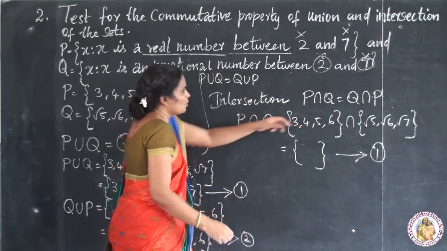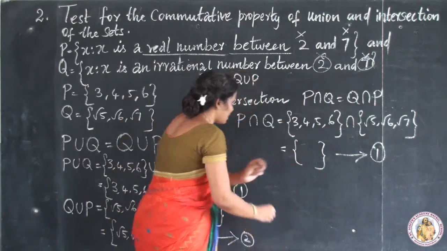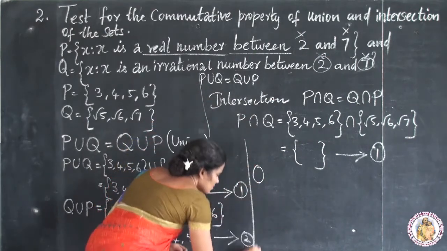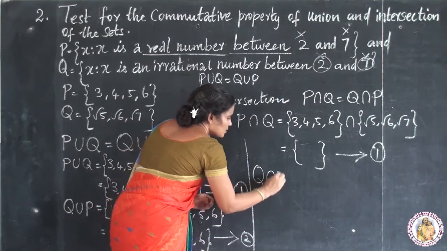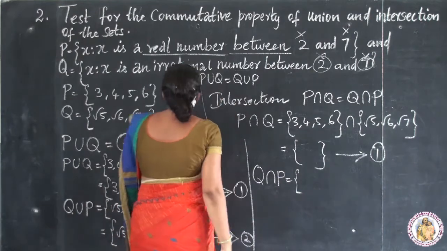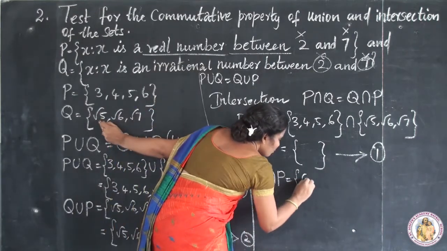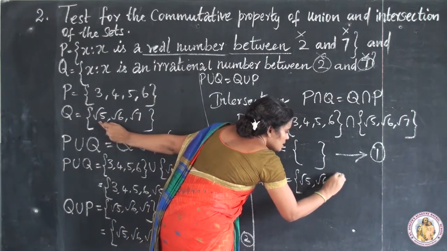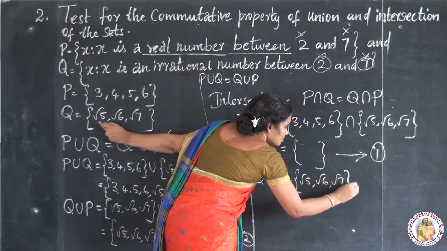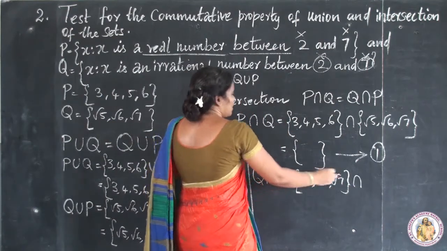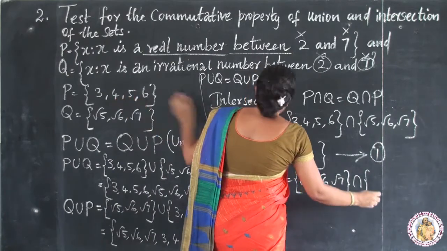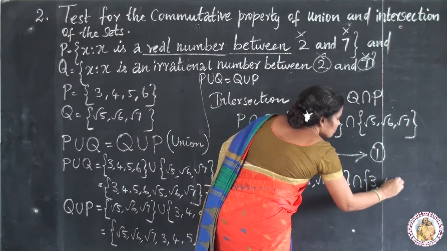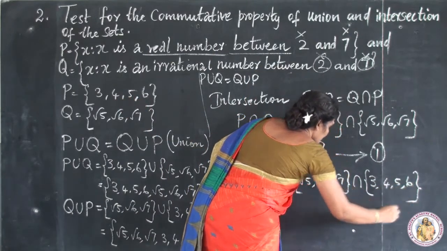Okay, then go with Q intersection P. For Q intersection P, write the elements of Q, that is root 5, root 6, root 7, then elements of P, 3, 4, 5, 6.